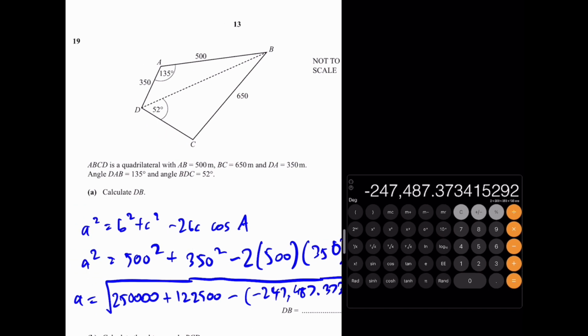And now let's do this. So we can do 250,000 plus 122,500, and the minuses will cancel, so we can bring it to positive, and then plus these two values, and we get, when you square root, 787.39 meters. That's the answer.